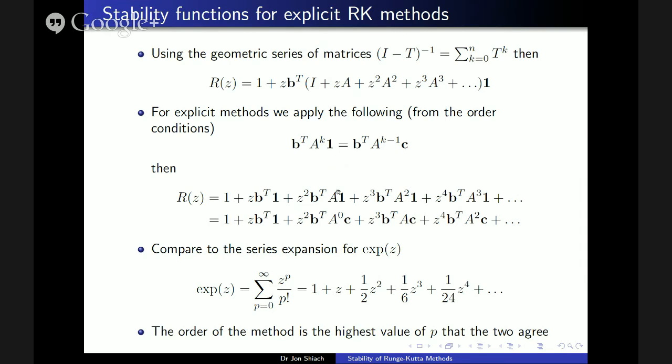Essentially, you subtract 1 from the power of A and replace the vector of 1s by your C vector. This is the stability function for an explicit Runge-Kutta method.